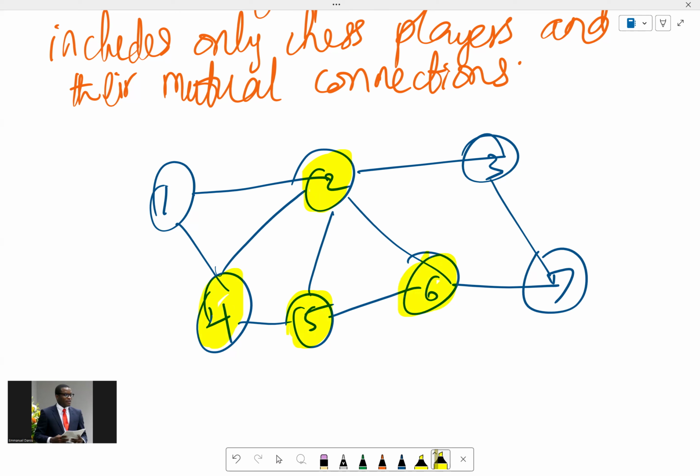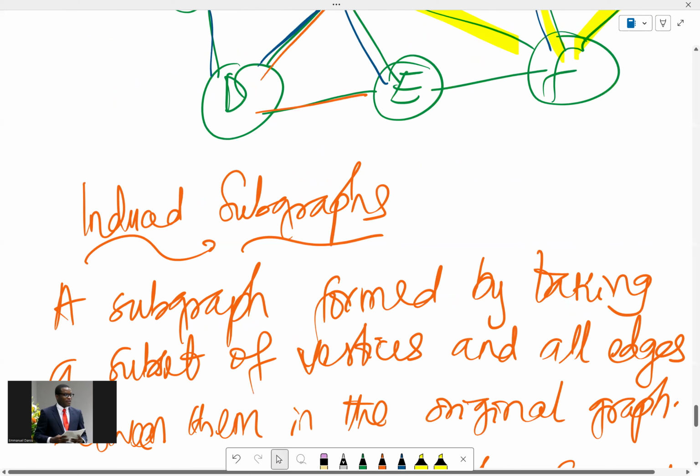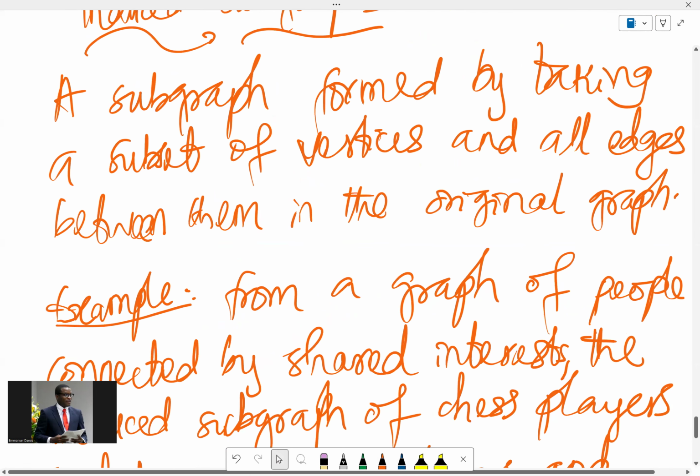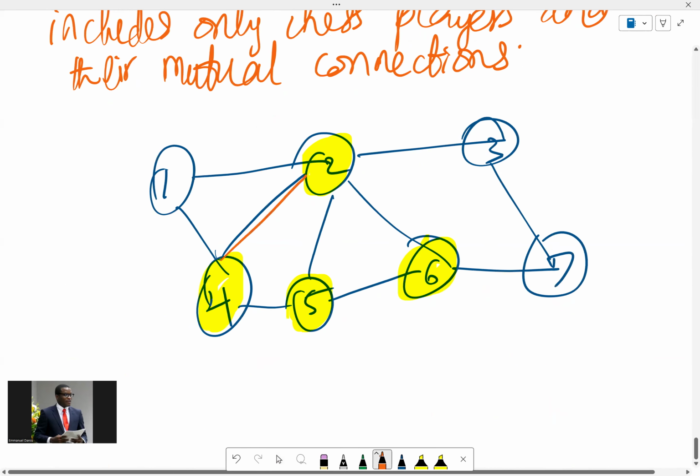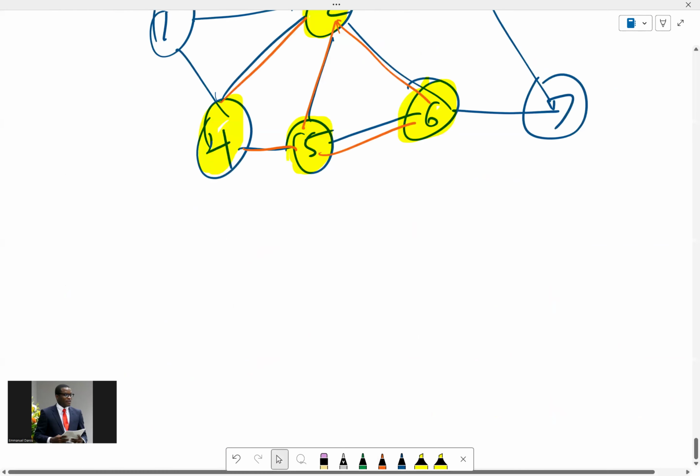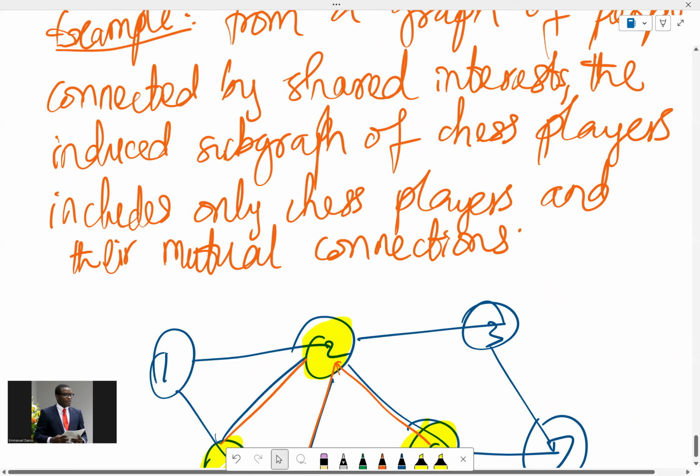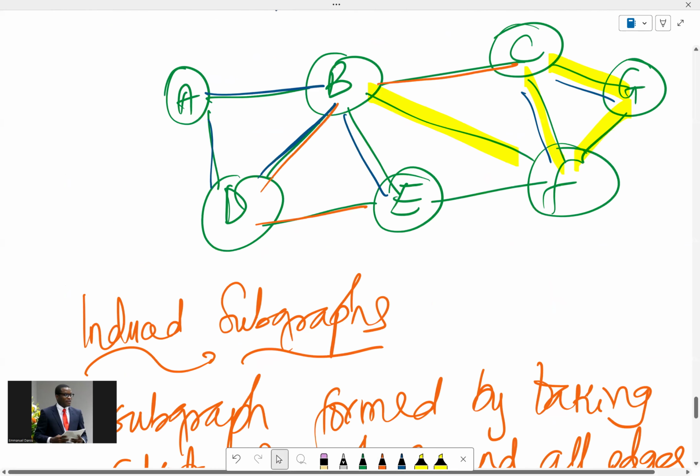So the induced subgraph is going to include a subset of the vertices, 2, 4, 5, 6, plus all the edges between them. So now this is an induced subgraph. That's the kind of concept that this portrays.